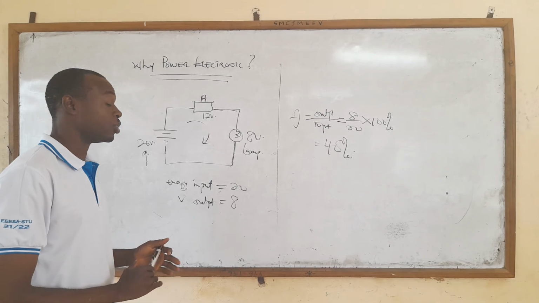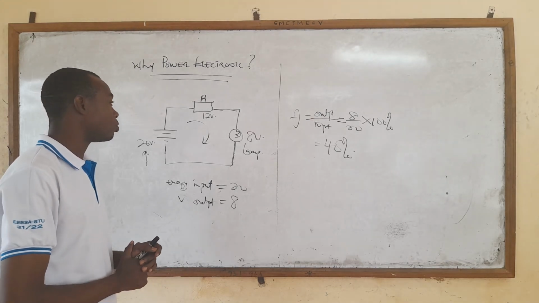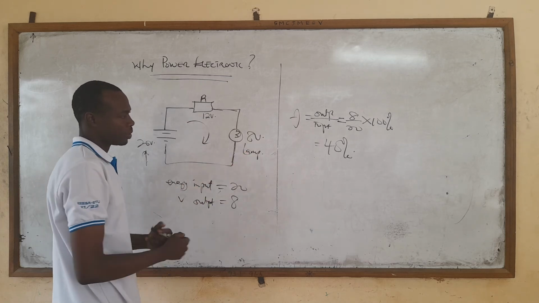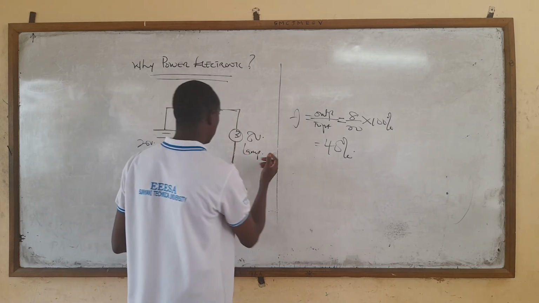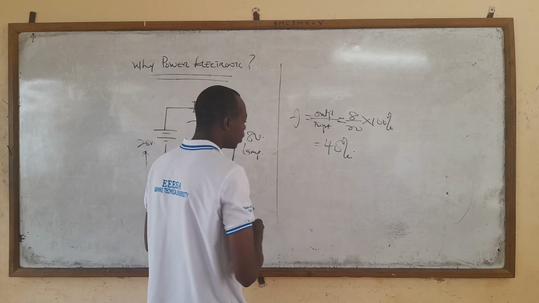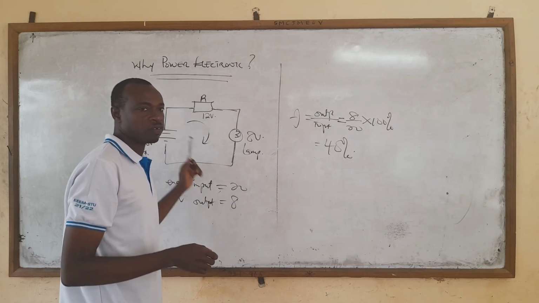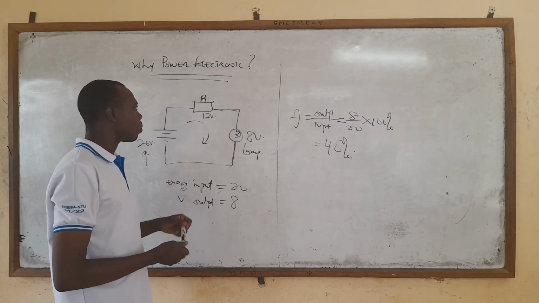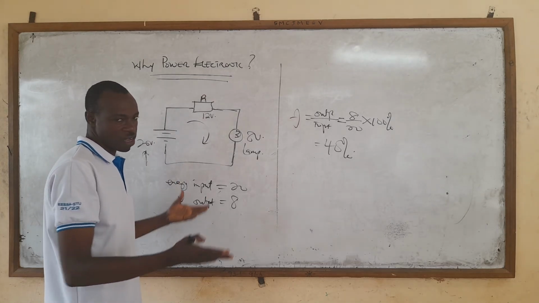any good technologist. So what we do is to find a better solution. Though we can have our 8 volts at the end of the day, this one is not a good method of dropping the voltage. So this is where we employ what is called power electronic converters.